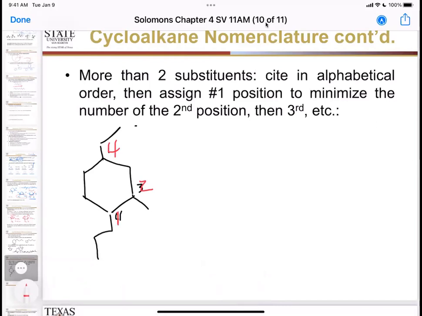Okay, so that means that we would number it this way, but we'd still put the substituents in alphabetical order. So of these, this is a propyl group, this is a methyl group, and this is an ethyl group, which means our name would start out 4-ethyl because the ethyl group has to come first. But the ethyl group is now assigned to the number 4 because we numbered first with more than 2 substituents.